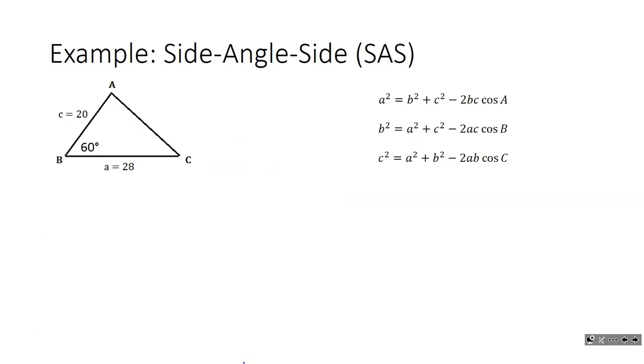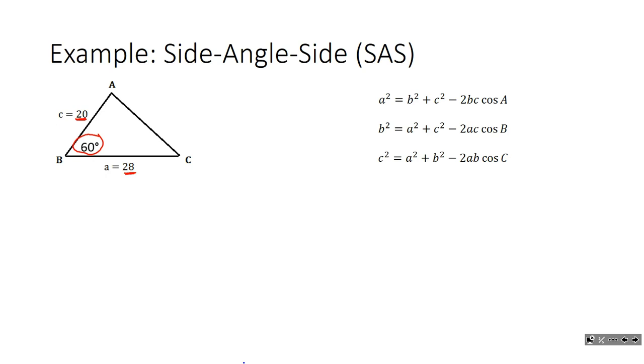This first example is what's called a side angle side triangle, or SAS. What do we mean by that? Well, we have here a side that we know, 20. We then know the angle, and then we know the very next side.